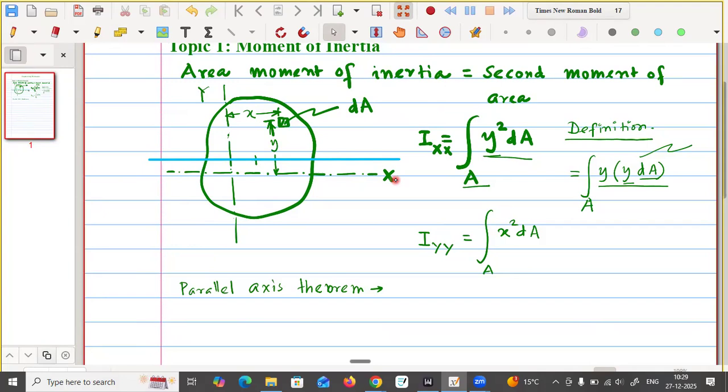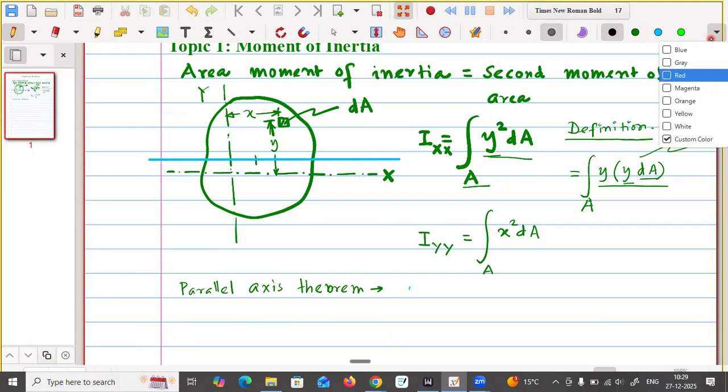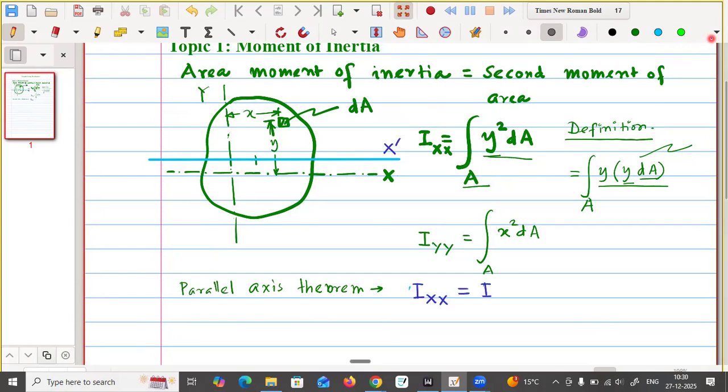So Ixx, say Ixx, which is this axis, which is parallel to the centroidal axis, and x prime is the centroidal x-axis, then it is I x prime plus, now these two axes are parallel, so we can measure the distance.